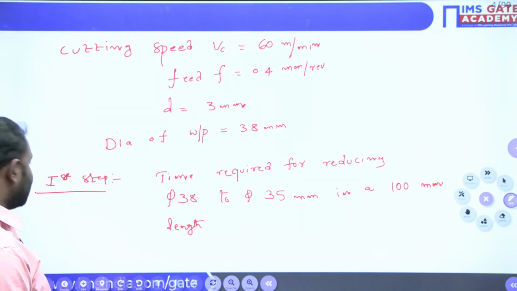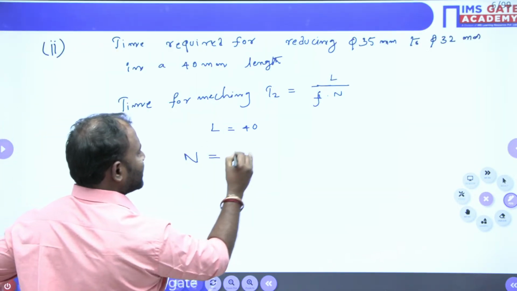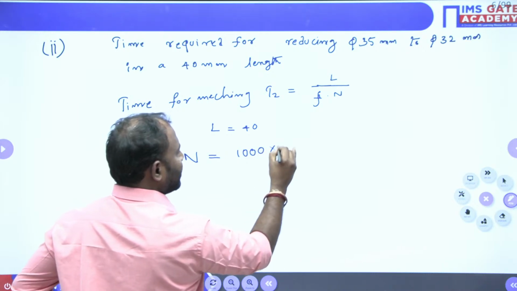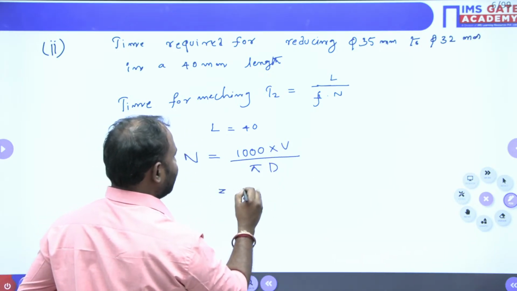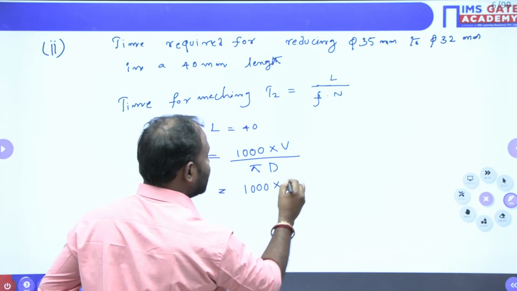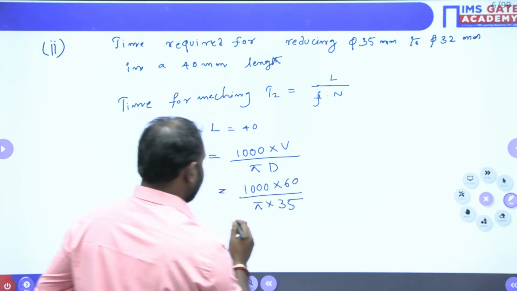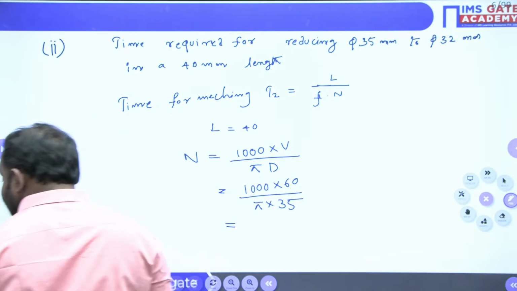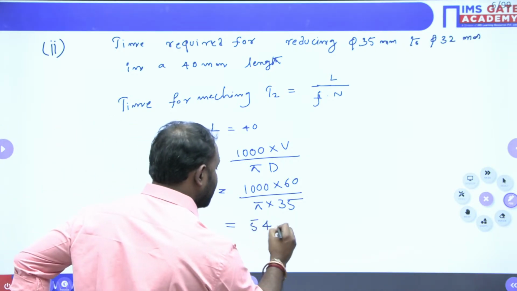Right. Now let us go for calculating the N. N equal to 1000 V divided by pi d. So where d is equal to 35, 1000 into 60 is divided by pi into 35. So from there I am going to get my RPM equal to 545 RPM.